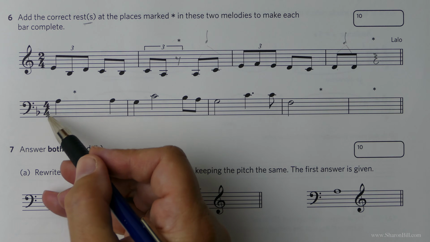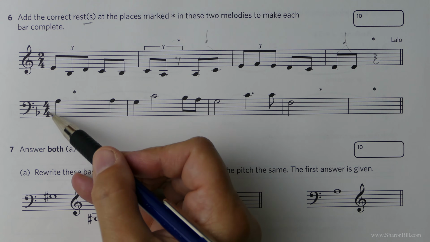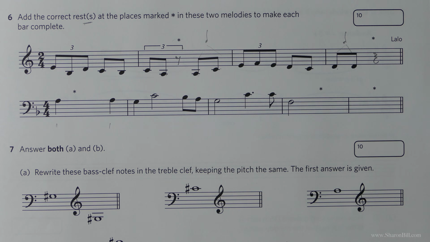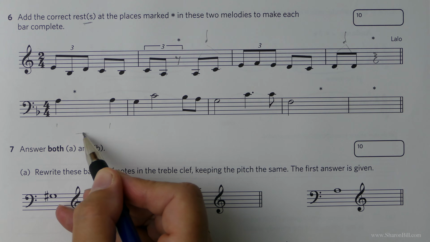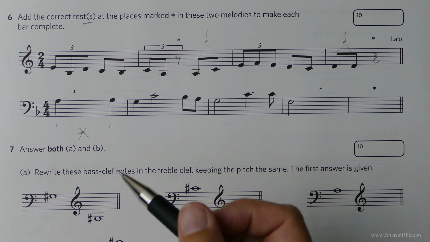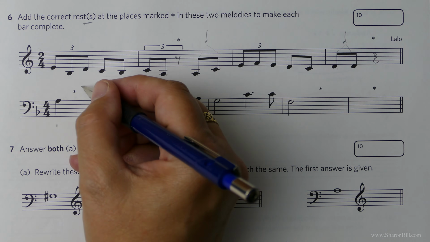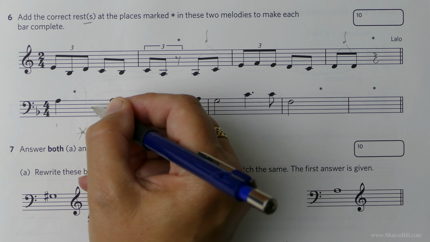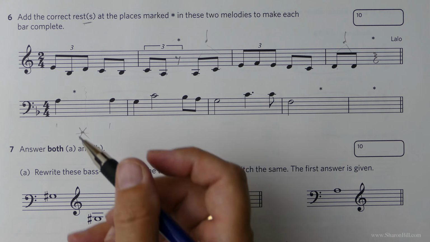So now we're looking to add up to 4 in a bar, 4 crotchet beats, 4 quarter notes. We've got 1 here and 1 here. That means that we're 2 beats missing. Now ordinarily you'd perhaps think of putting this minim rest, but we can't do that because if you remember, there's a rule that tells us that we can't put a rest spanning across the halfway point of the bar.